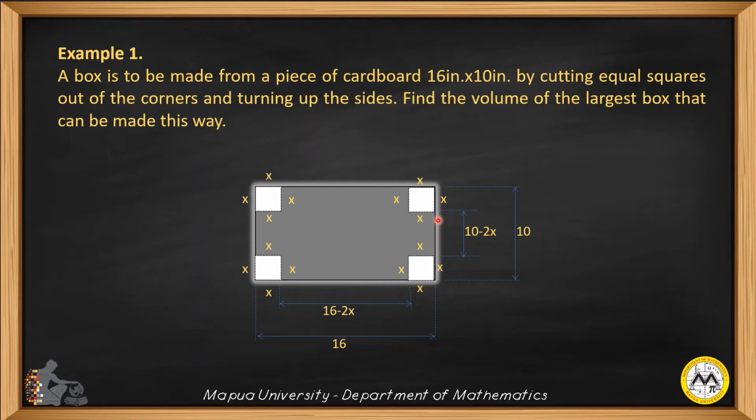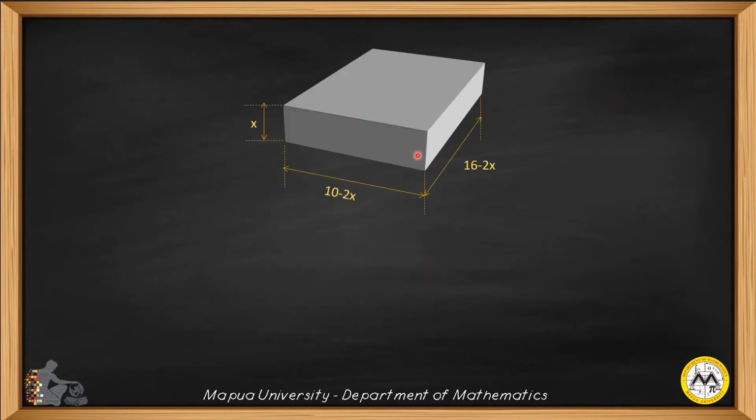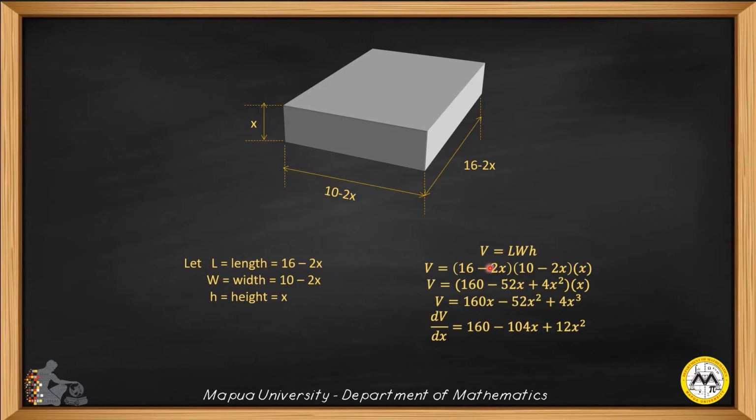Over here is 10 minus 2x, and when we flip these extra edges up, we get this box. The resultant figure will be this box with base dimensions of 16 minus 2x and 10 minus 2x, and height of x. If we represent this dimension as L, this as W, and this one as H, then the volume of the box is given by the product LWH.